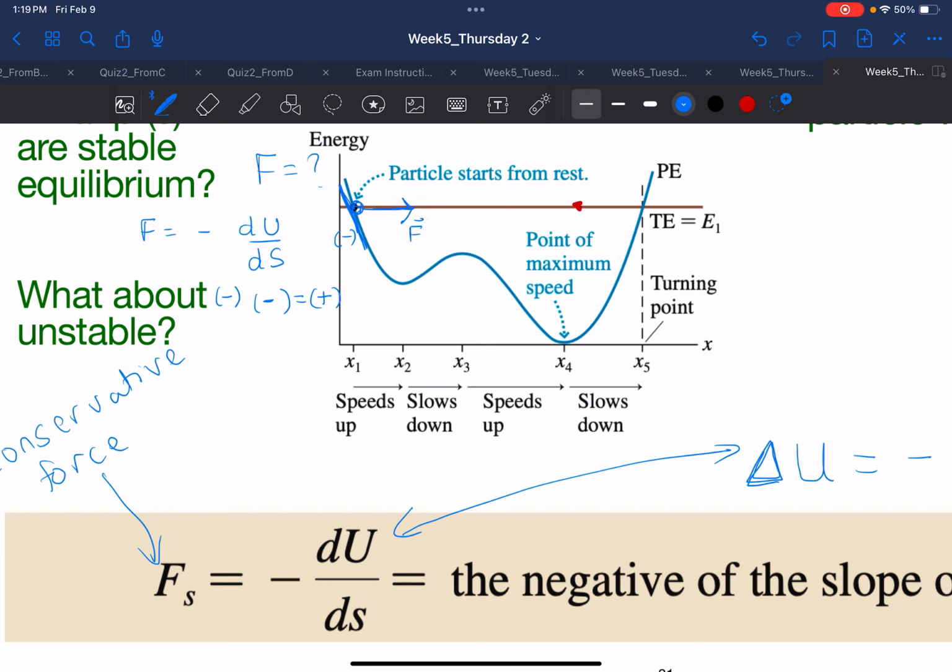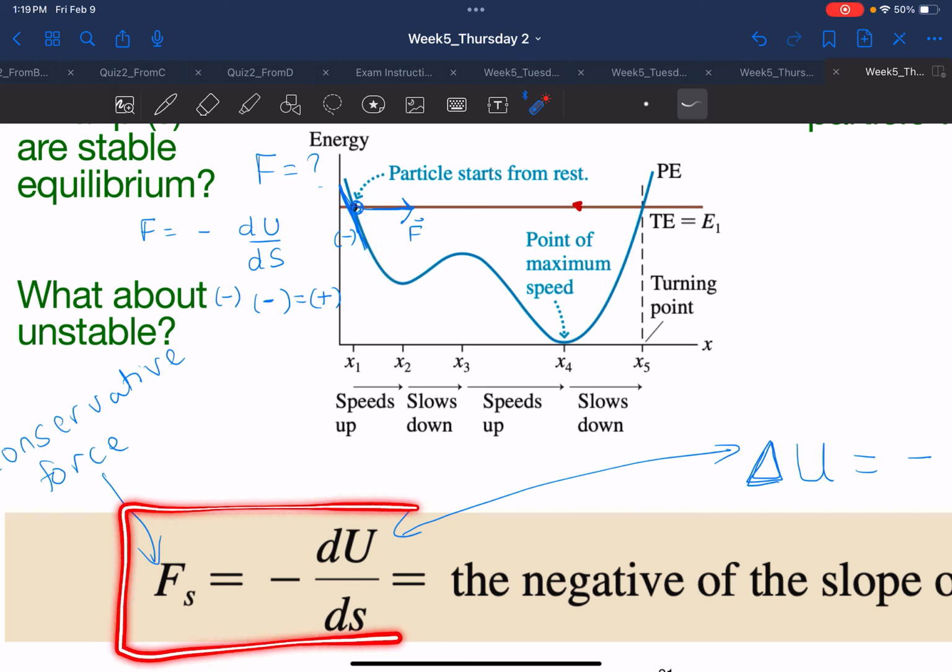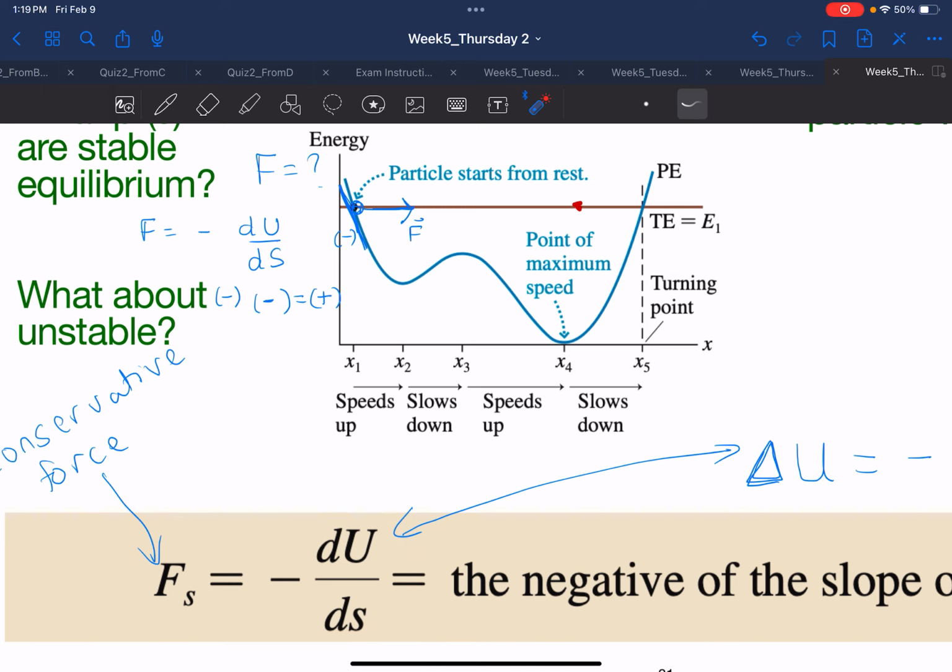So at this point, the force points in the positive x direction because the potential is decreasing in that direction. The force, according to this formula, points in the direction of decreasing potential energy, basically.